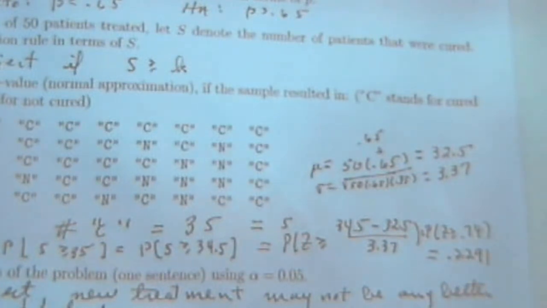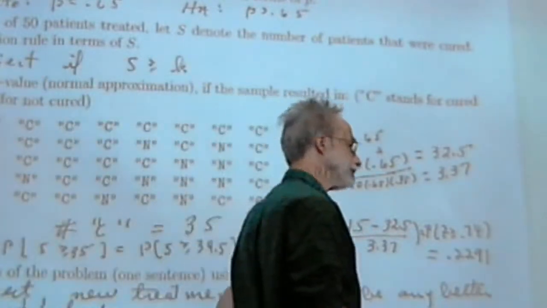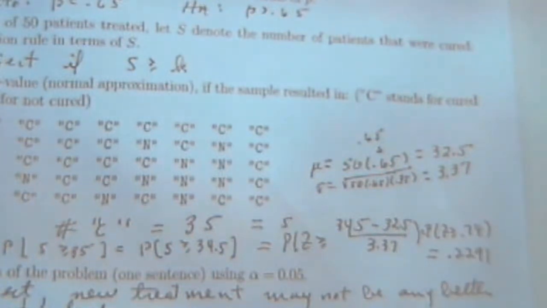Certainly you would fail to reject at 5%. The lowest level at which you can reject is 23%. There's an indication, but it's not very strong.